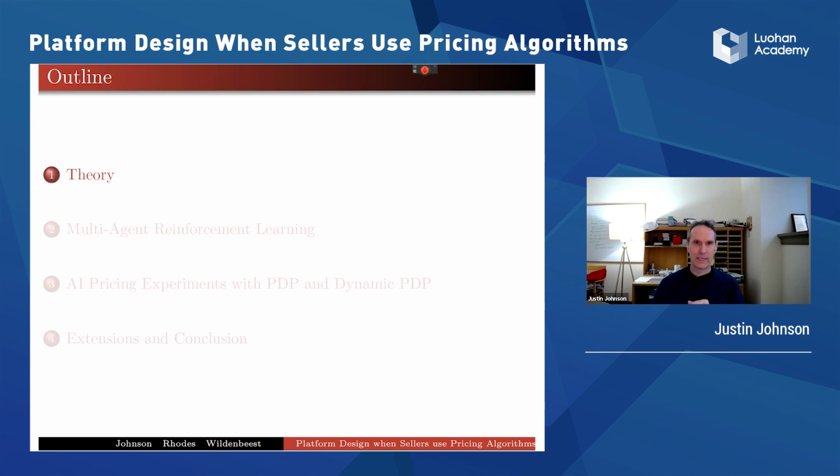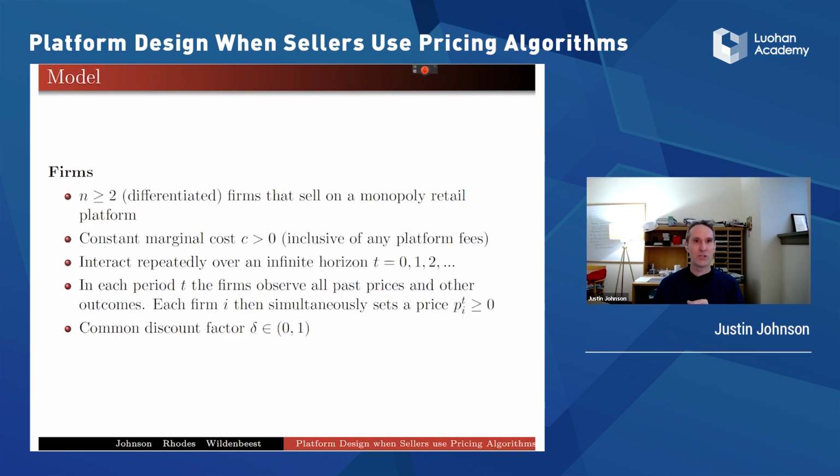And then I have a few extensions, okay? So that's where we're going. Let me just start with the theoretical model. And again, our goal is to think about an online marketplace, analyze certain demand steering interventions from a theoretical perspective, and then also see how those same demand steerings work with AI algorithms.